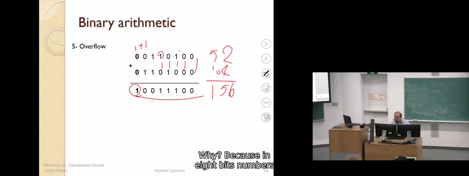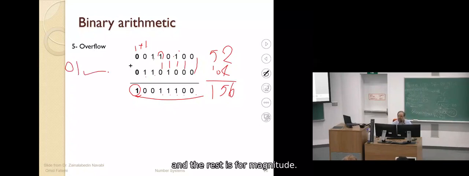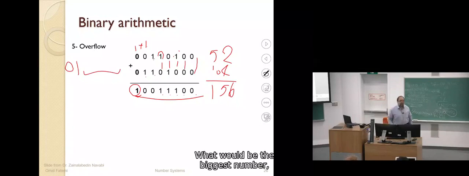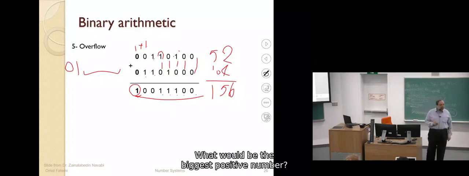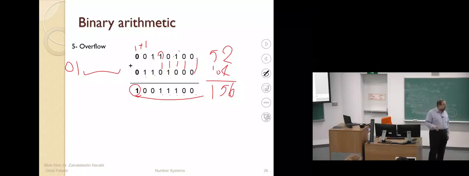Because in signed 8-bit numbers, 1 bit is for sign and the rest is for magnitude. What would be the biggest positive number with 8 bits? What would be the biggest positive number?